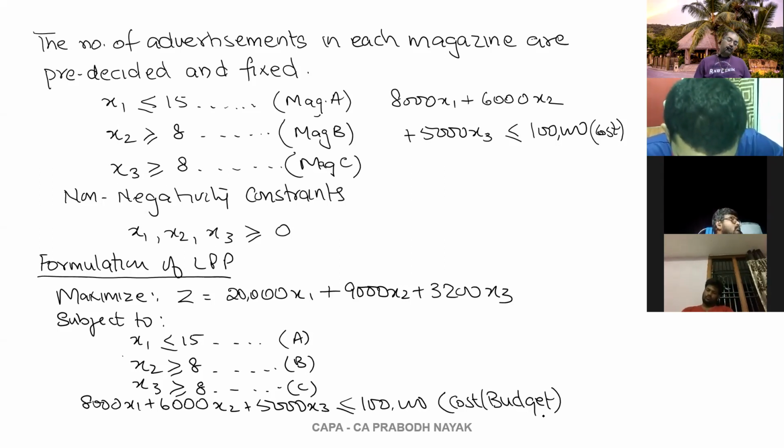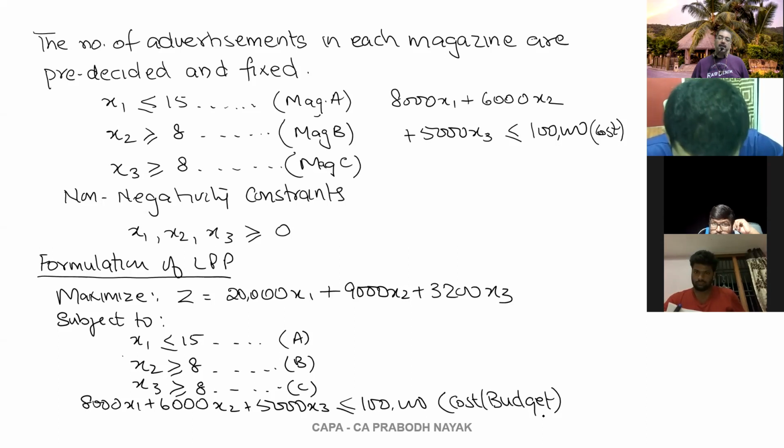If I had to solve this now, for X2 and X3 I would have to change the signs. How do we change the signs? Any idea? How do we change the signs in an equation?